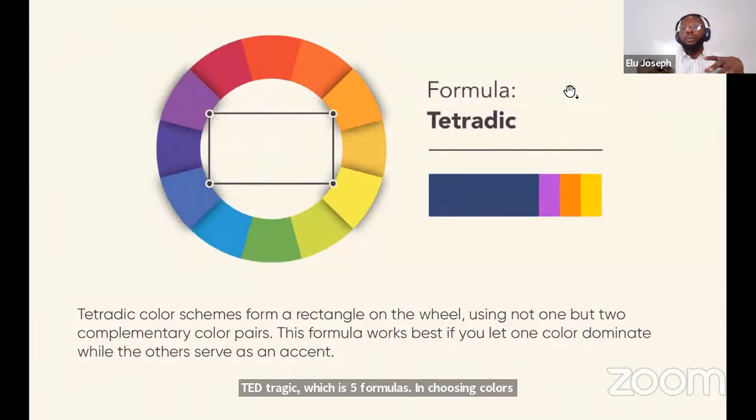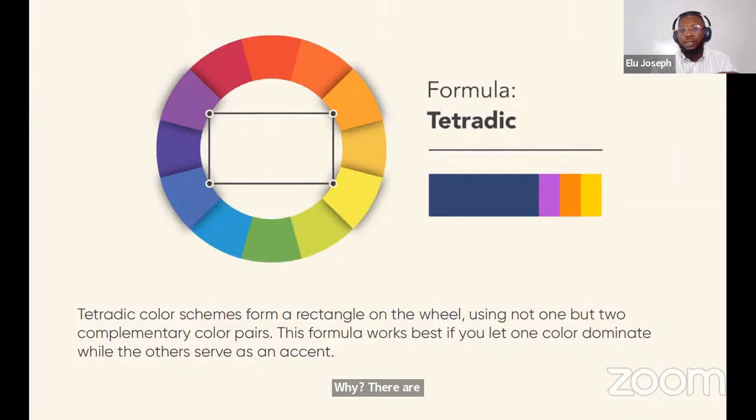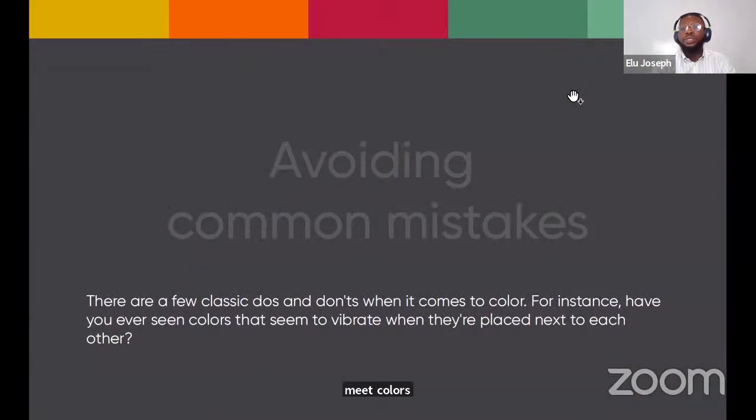Now, if these things get a bit overwhelming, do not despair. Why? There are websites that you could check for already made color schemes. So you don't have to start looking for the color schemes yourself or creating them. There are already made color schemes that you can pick from online.